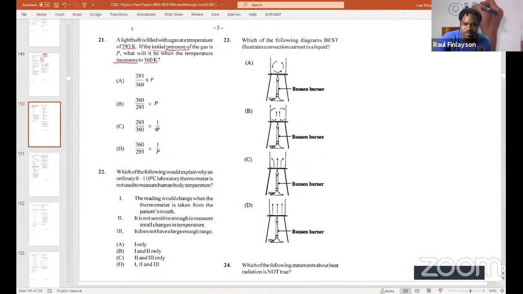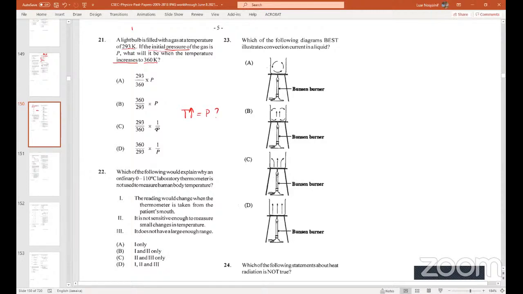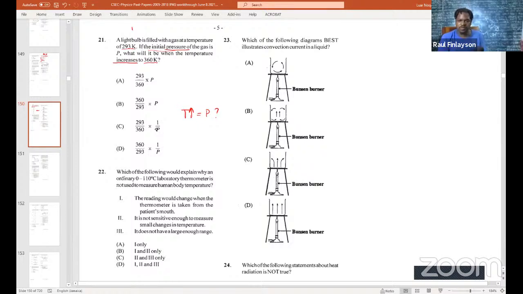So the temperature increases. What will happen to the pressure? That's the question. How does the temperature affect the pressure of a gas?